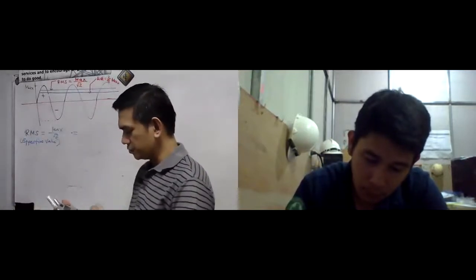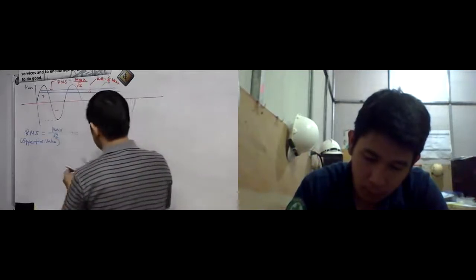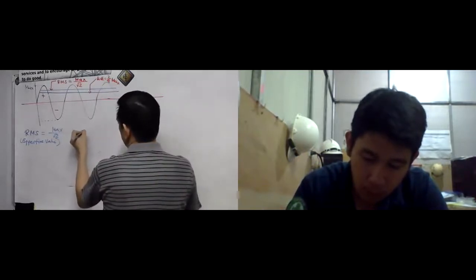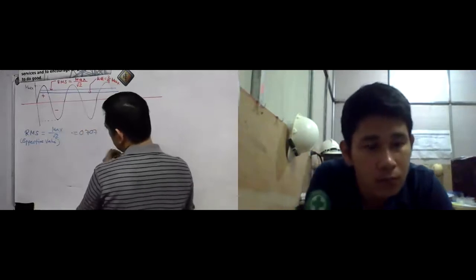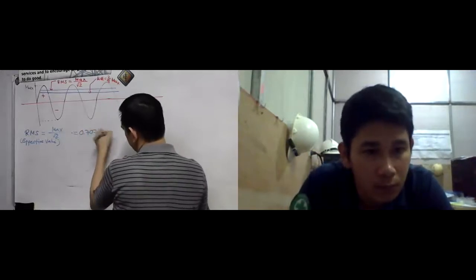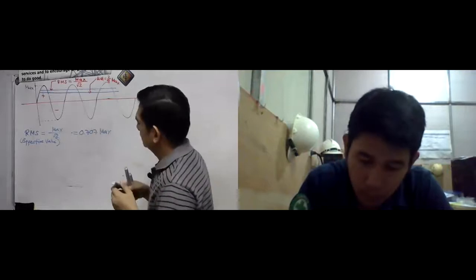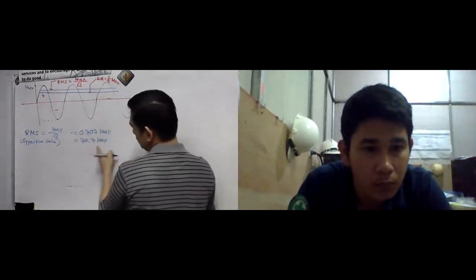What is 1 divided by square root of 2? Okay, that is 0.707. 0.707 multiplied by the maximum value. So meaning this is 70.7% of the maximum value. That is our effective value.